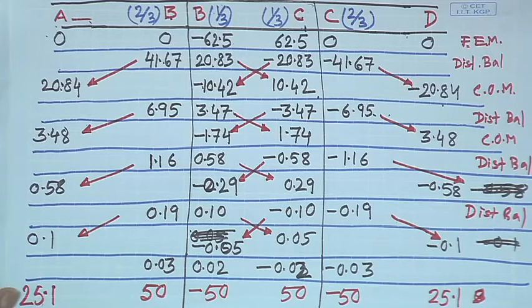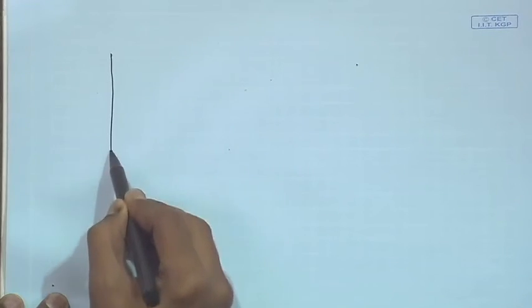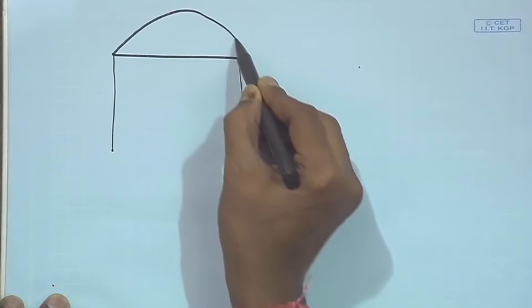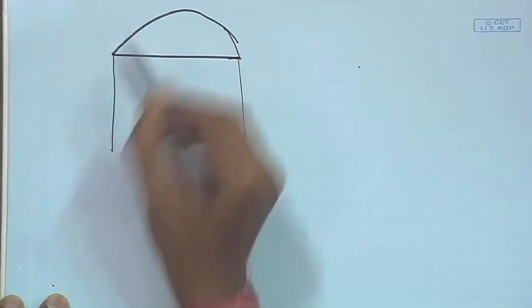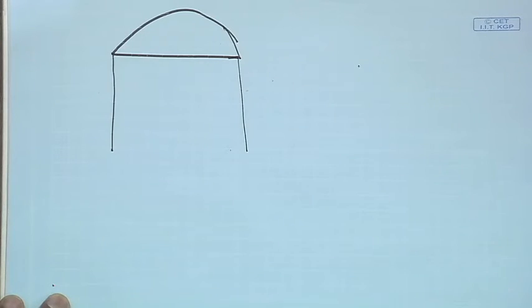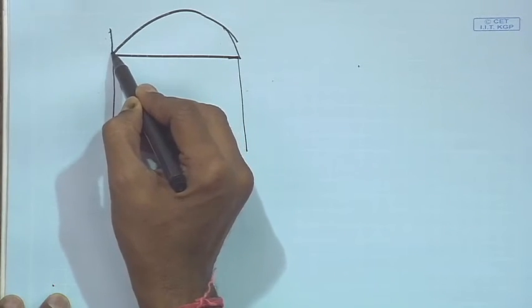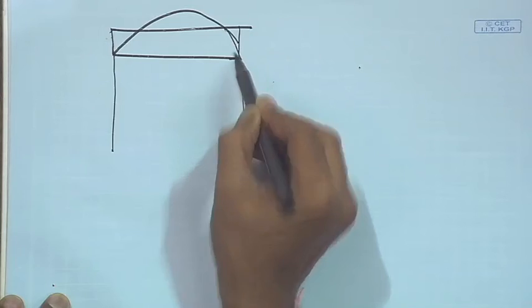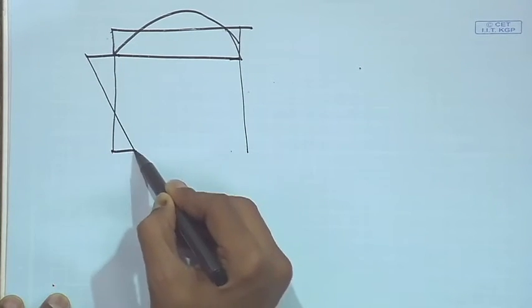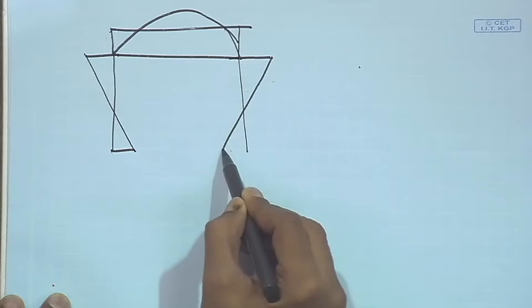Now, if we have to draw the bending moment diagram, it will look like this. We used this in the slope deflection method. It will be parabolic for your external load, and at the joints it is 50 here, again 50 here, 25.1 here, and again 50 here, 25.1 here.